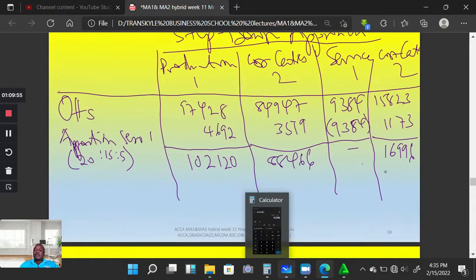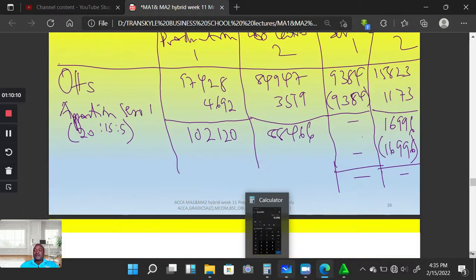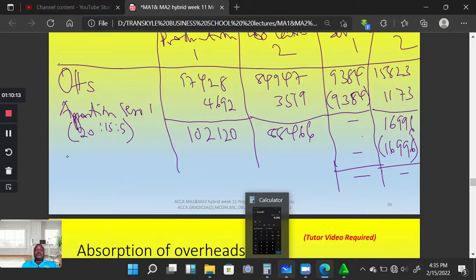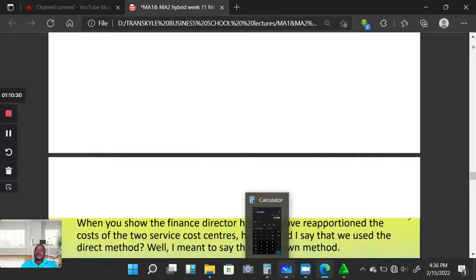Then we have to reapportion this 16,996 to get a 0 here. Then we're left with these two columns. So we're now apportioning service center 2, using these ratios. Let's go back to the question.